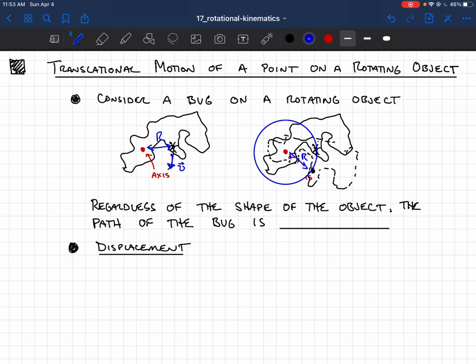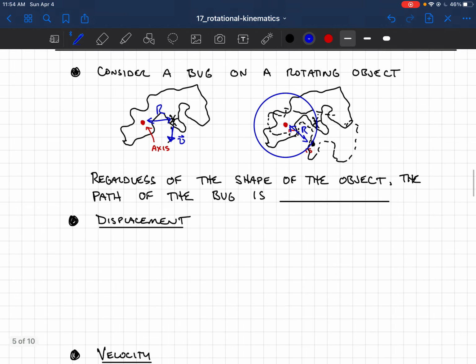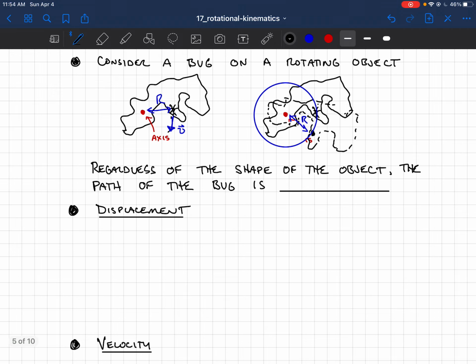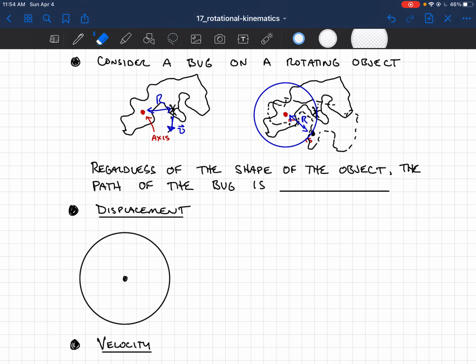So what we're really going to be doing right now is considering a little bit more generally the case of circular motion, which we already covered a few weeks ago. Let's do it one by one, the displacement and the velocity and the acceleration of that bug. So what is the displacement of the bug? Well, we have circular motion, so whatever the object is, that bug is traveling on a circle.